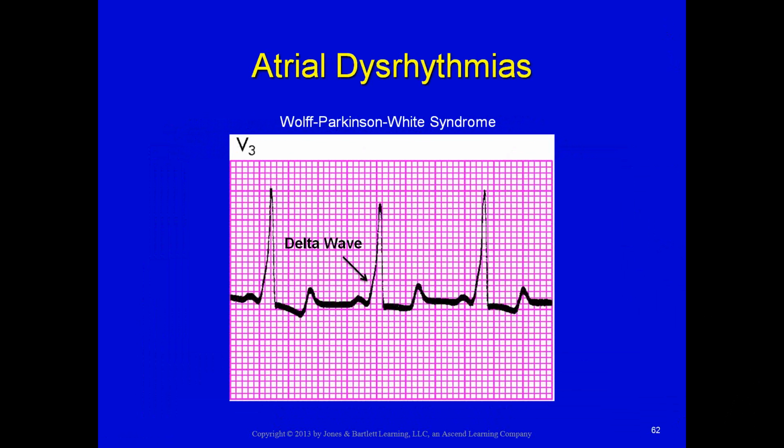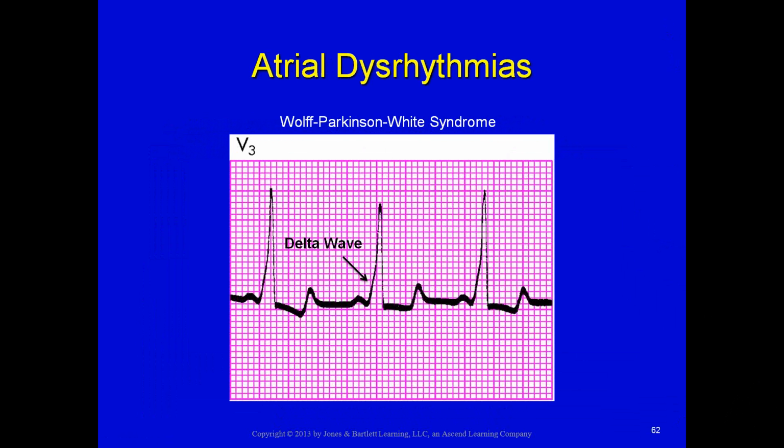And the difference between WPW and LGL is that delta wave. You can see that the QRS looks a little wider as it's coming up from that P. There's a little slur to that QRS indicating an alternate pathway was taken to cause the ventricles to contract.